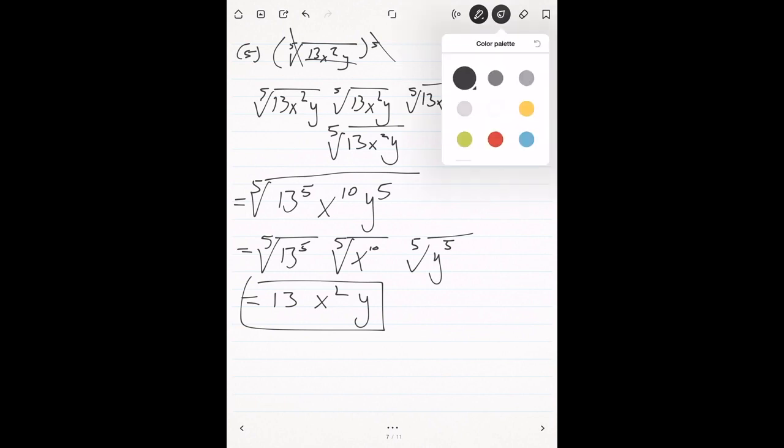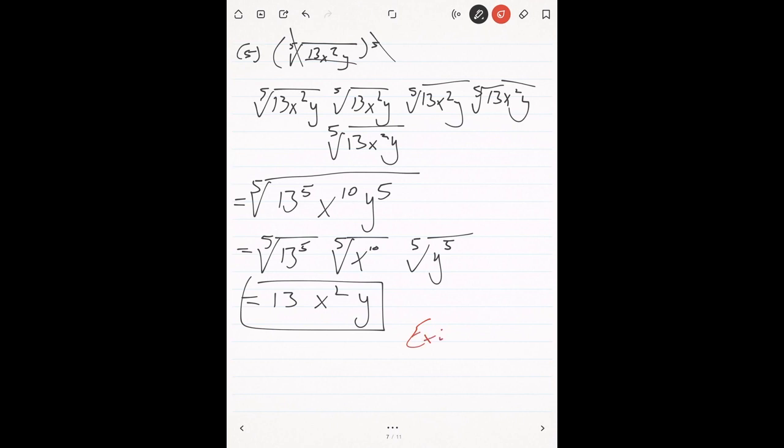So for example, let me do a quick little example on the side here. If we had, let's say, the 7th root of 21x to the 5th, and I raise that to the 7th power, I don't need to do any work. I just know that these are going to cancel out, and I have 21x to the 5th. I have whatever that radicand is.